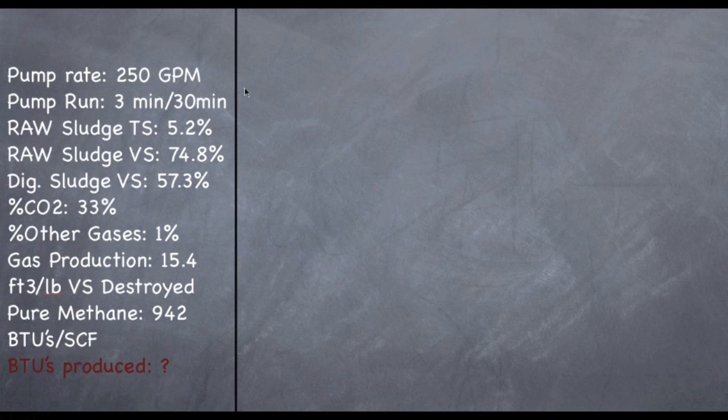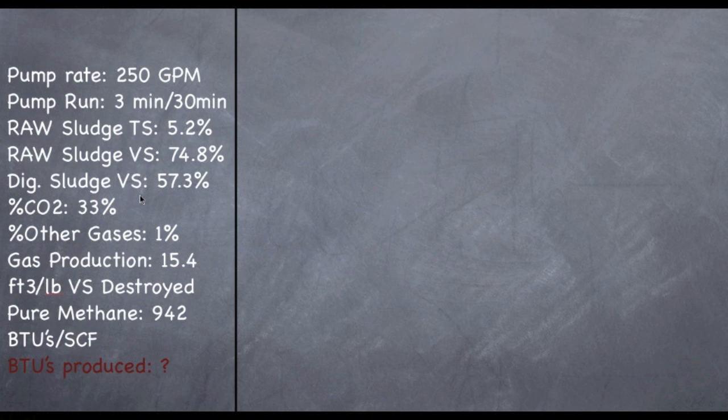So we have a raw sludge pumping rate of 250 gallons per minute, and it runs for 3 minutes every half an hour. So that would be 6 minutes every hour. The raw sludge is 5.2% solids and has a volatile content of 74.8%. And our digested sludge has a volatile content of 57.3%.